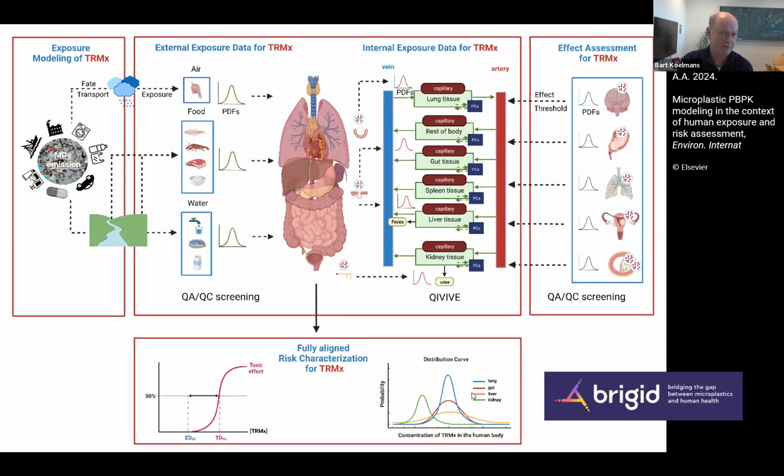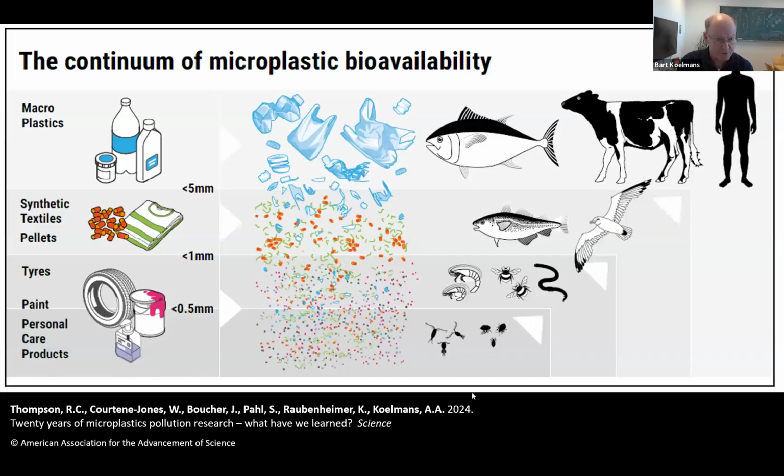Now, this webinar is, of course, basically about the left-hand side here. This slide was also shown by Tracy. It's from our recent paper. And the point that I want to make here is that plastics actually can be seen as a continuum. Two particles are never the same, but when they come in thousands or 10,000s of particles or billions, then the characteristics can be described as a continuum.